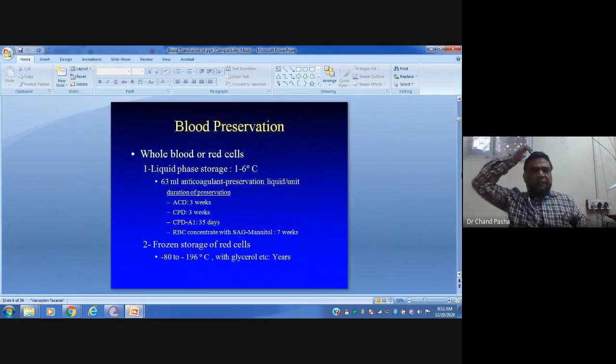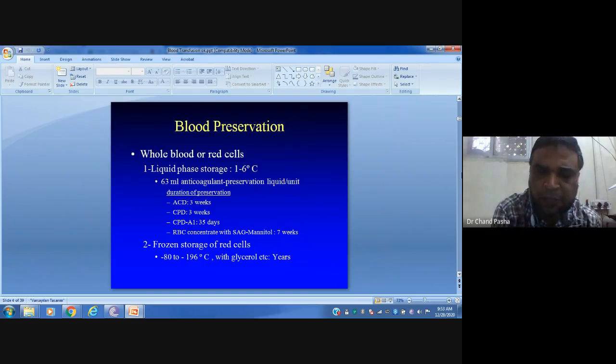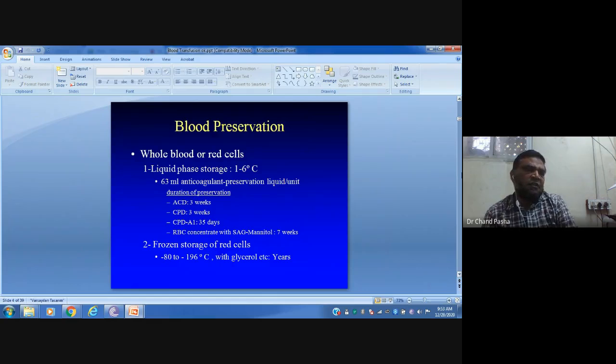And blood preservation, this is also there in our syllabus. Actually, for this only, blood transfusion is already over for our class. This blood preservation I will do. Generally, if a person is donating blood, he may have some bacteria, pathogens, or viruses in it. So if you incubate at 1 to 6 degrees Celsius, where the metabolic activity is completely arrested, the majority of the time the bacteria or viruses will lose their life.